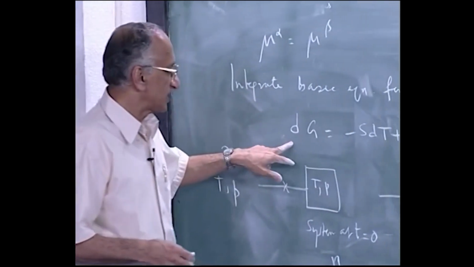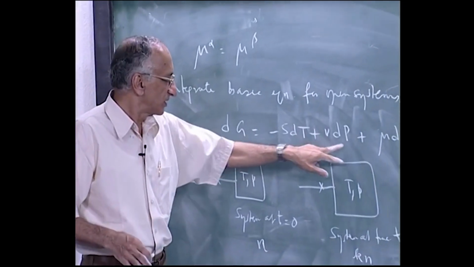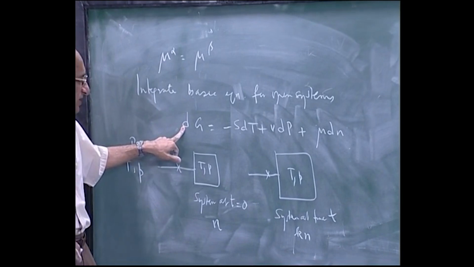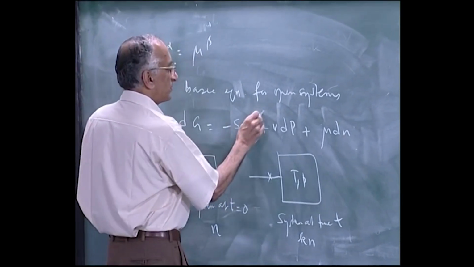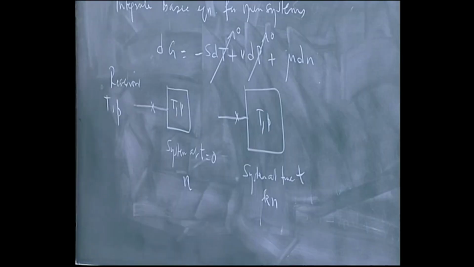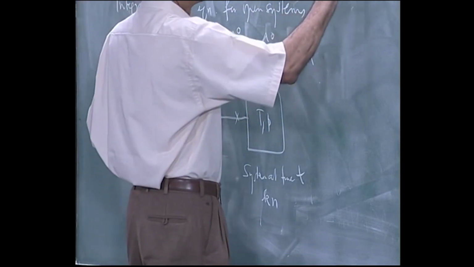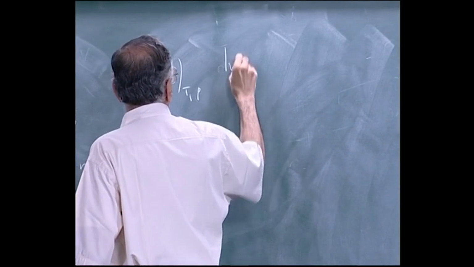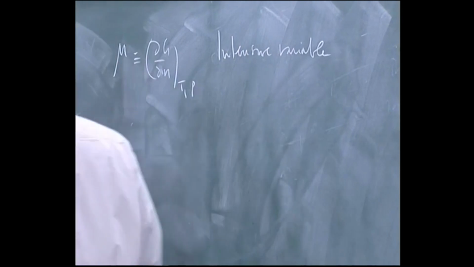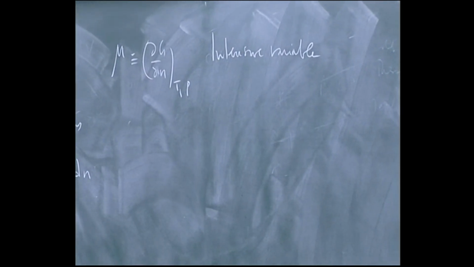The first argument is that T and P are the same in this process. For this process, if I take a calculation of dG, this is 0, this is 0. Mu by definition is partial of G with respect to n at constant T and P. I claim this is an intensive variable because it is the partial molal property.